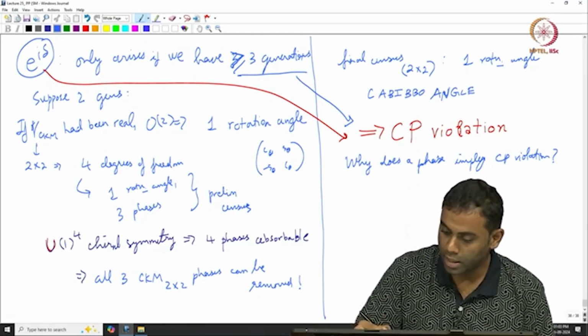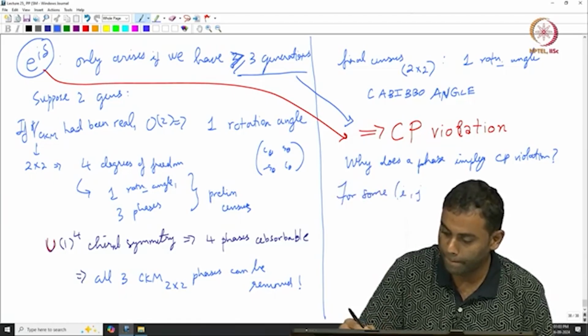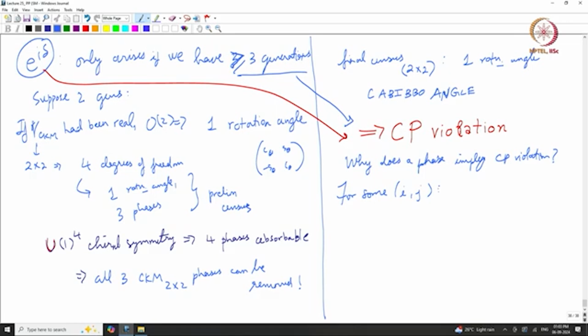So I am going to write that for some combination of i and j, in the mass basis, my Lagrangian would contain some Vij, and I am going to pick out the Vij that contains particularly the phase.